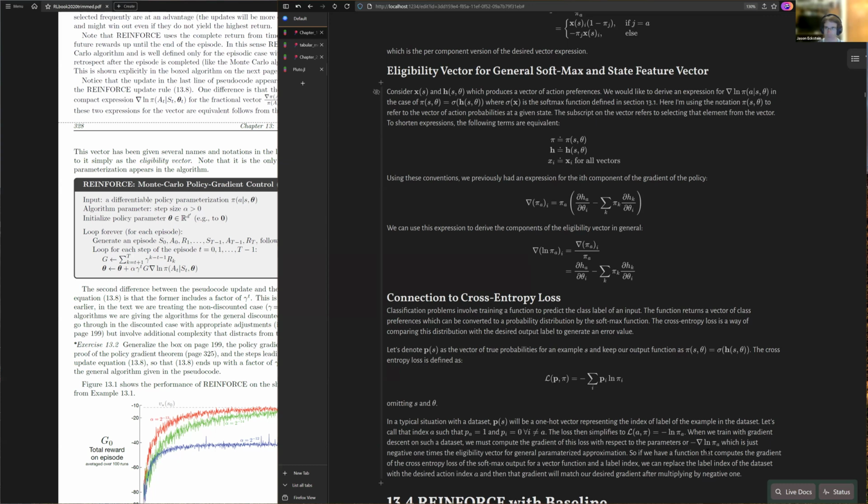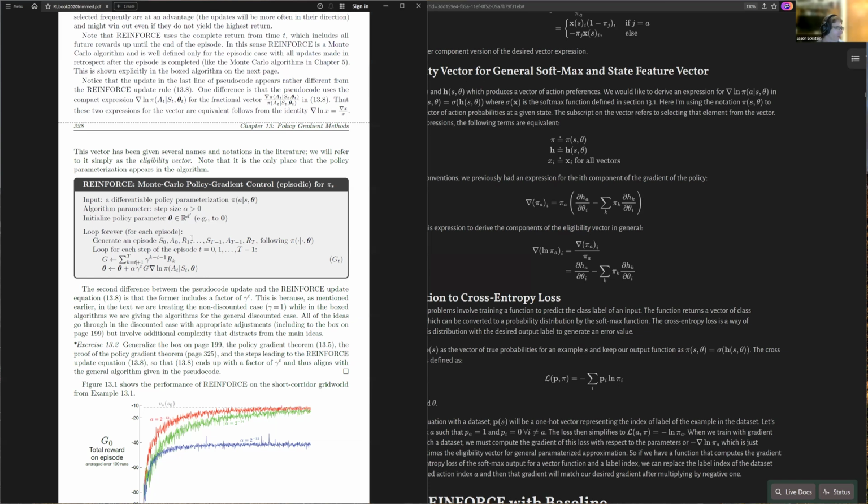This cross entropy loss gradient has a negative sign. And the connection between the two is that instead of the class label being used, like if you have a data set, the class label ends up getting replaced with whatever action was taken in the trajectory that you have sampled with the Monte Carlo sampling.